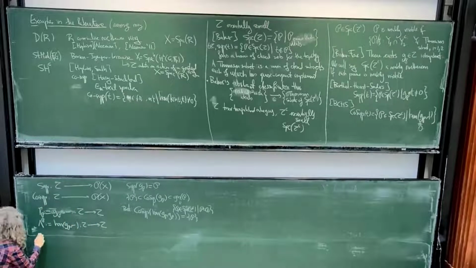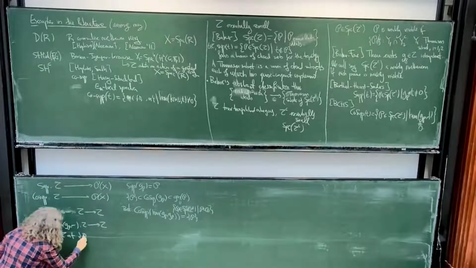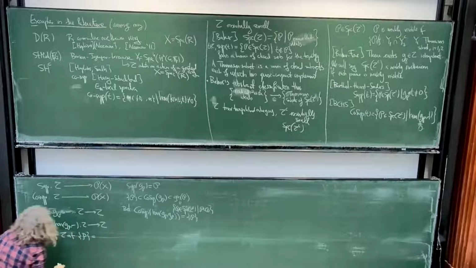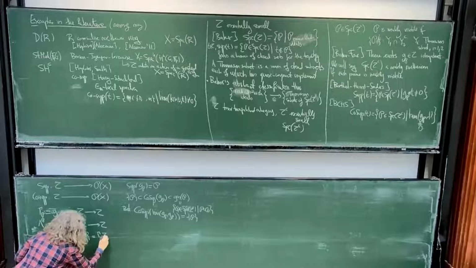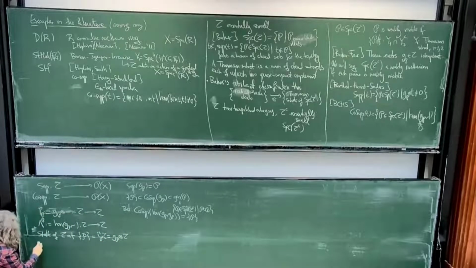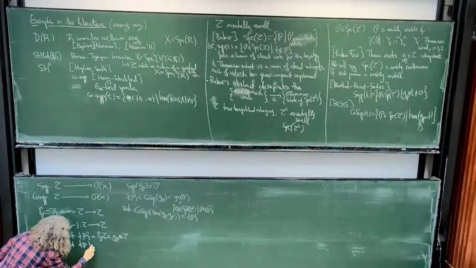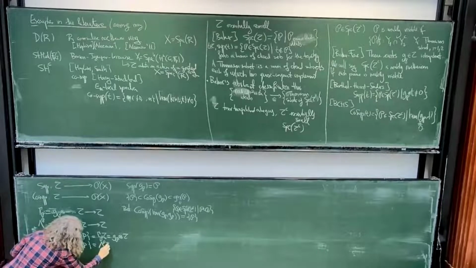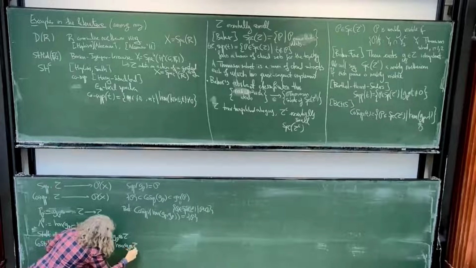And then I will define what we call the stalk of T at a prime to be just the image of this functor. I'm going to call it this way. And the costalk at this prime, the image of this one.